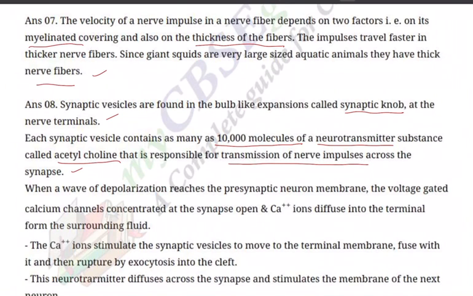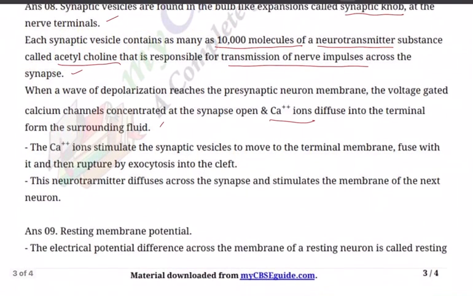When a wave of depolarization reaches the presynaptic neuron membrane, the voltage-gated calcium channels, concentrated at the synapse, open. Ca2+ ions diffuse into the terminal from the surrounding fluid.